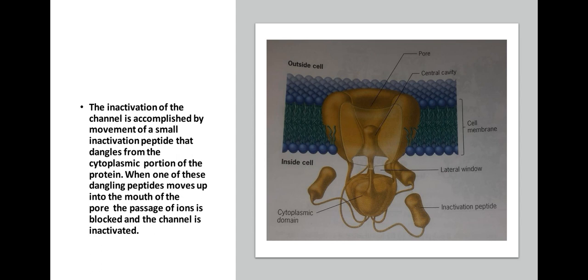When one of these dangling peptides moves up into the mouth of the pore, the passage of ions is blocked and the channel is inactivated. Outside of the cell can be seen, pore, central cavity, cell membrane, and inside of the cell, lateral window, cytoplasmic domain and inactivation peptide.